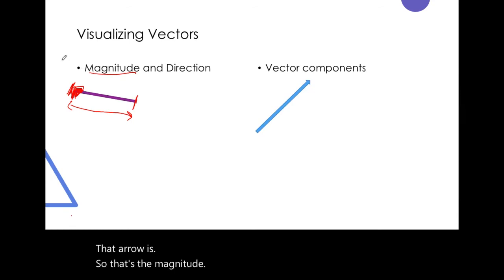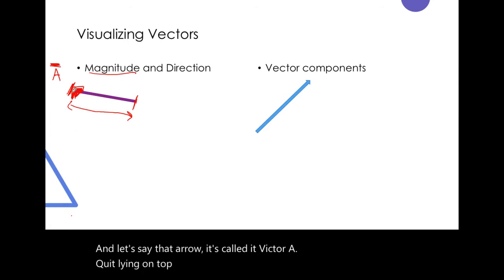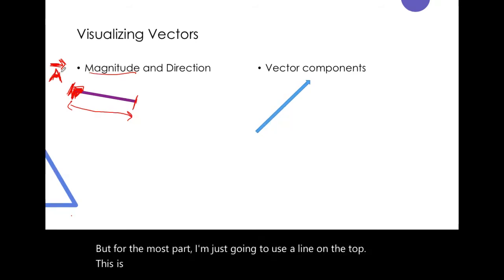Let's call that arrow vector A with a line on top. You may see it with an arrow on top, or you may see it bold, but for the most part, I'm just going to use the line on the top. So this is our vector A, indicated by A with this line on the top.